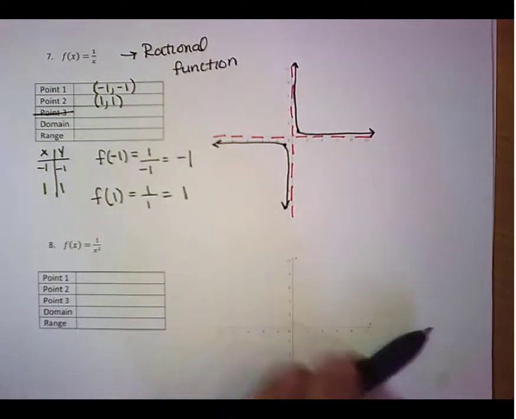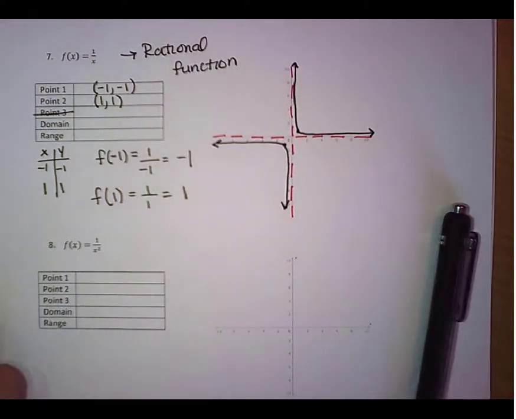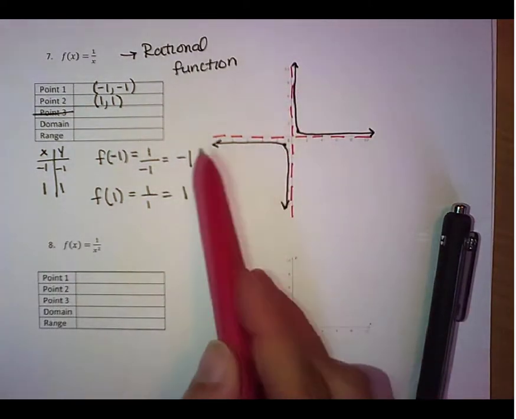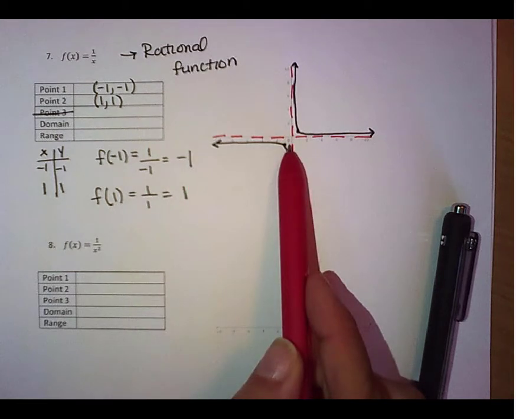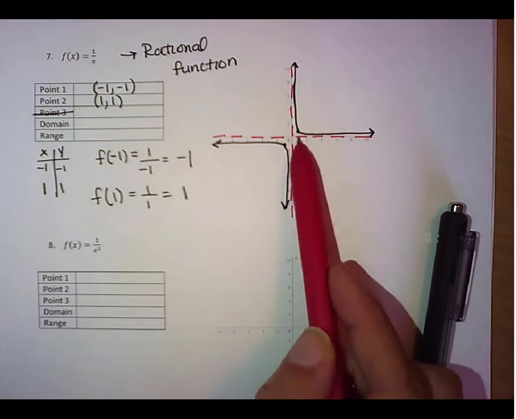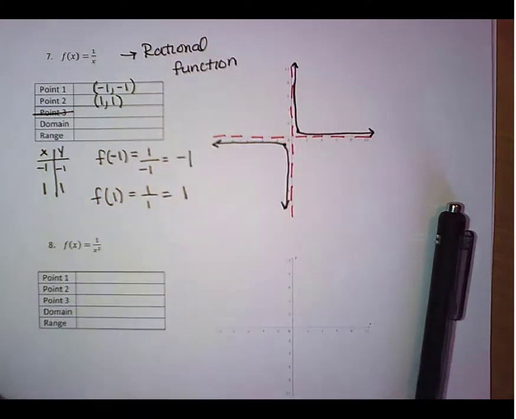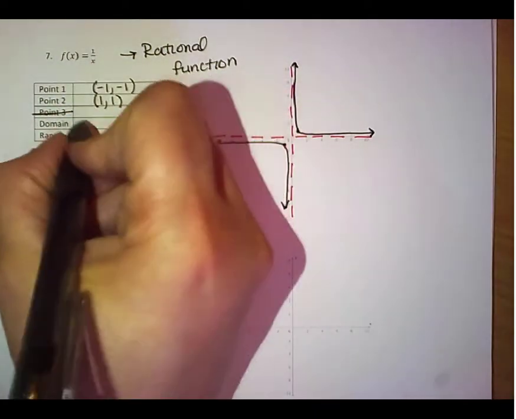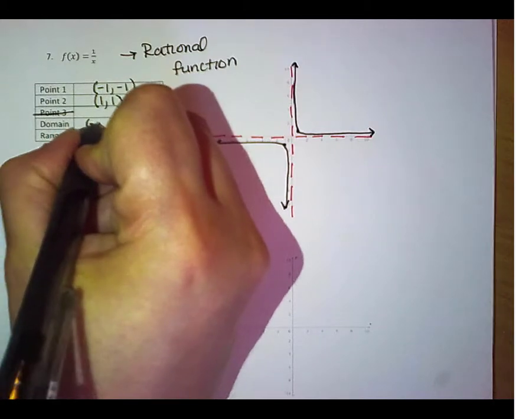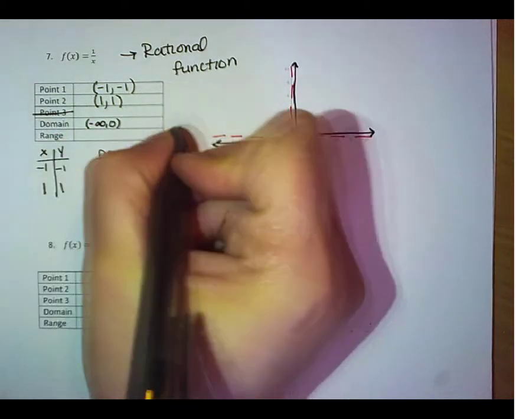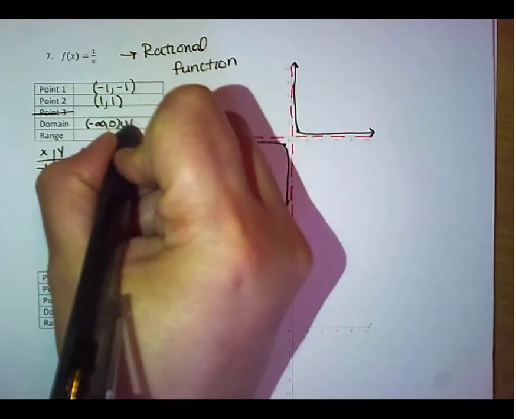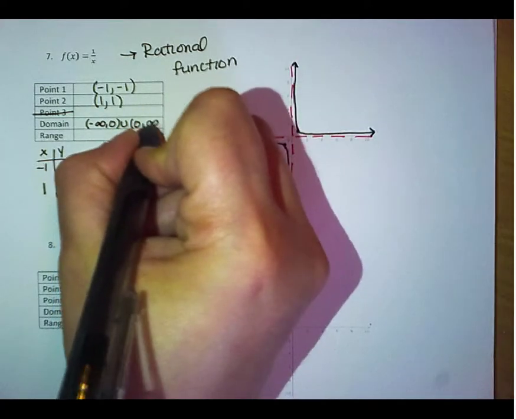So the domain on this is going to be a little bit weird, because you can use everything to the left of 0, you can use everything to the right of 0, you just can't use the value 0. So when we do our domain for this, it's going to go from -infinity up to 0, and we're going to use a union, and then it's going to go from 0 to infinity.